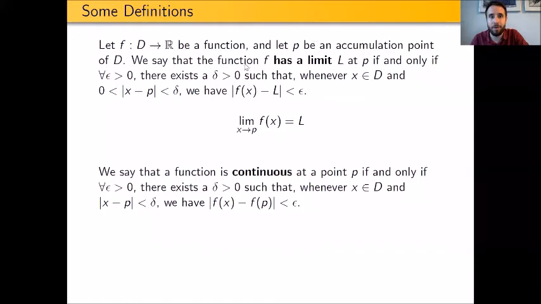And I want to compare this definition with the definition of limit. So up here we have the definition of a limit. This is what we learned about last time.